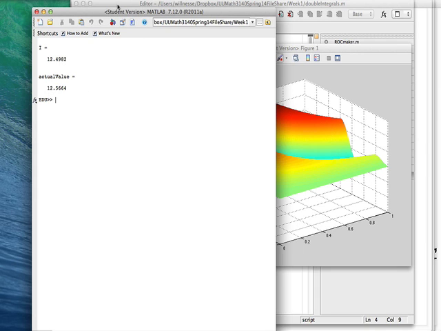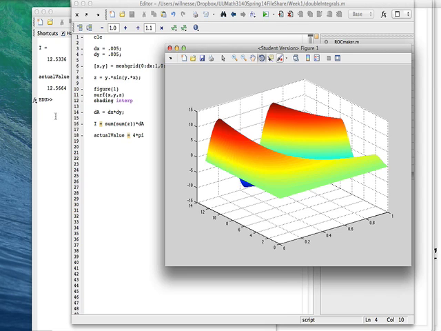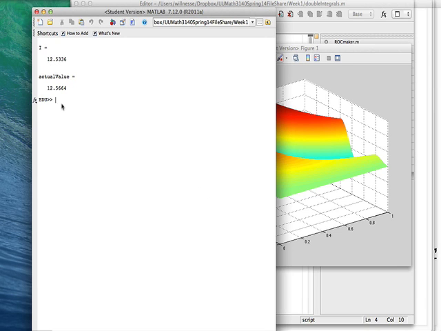We still need quite a bit smaller meshes to get more significant digits. Right now we only have 2 significant digits, so why don't we try going down another order of magnitude. Well, let's just go down half an order of magnitude. Now we have 3 significant digits between the approximation and the actual value.